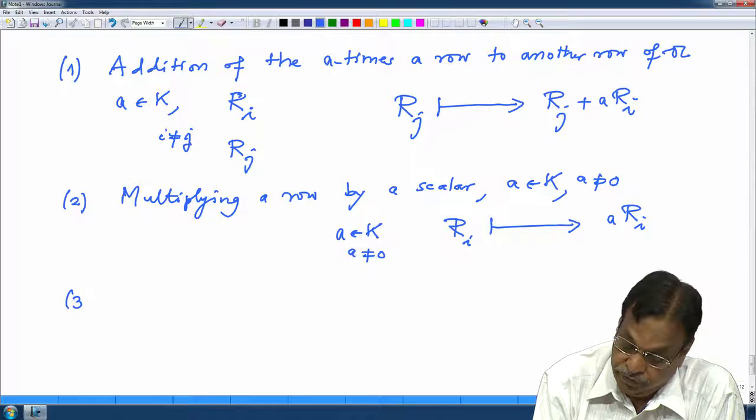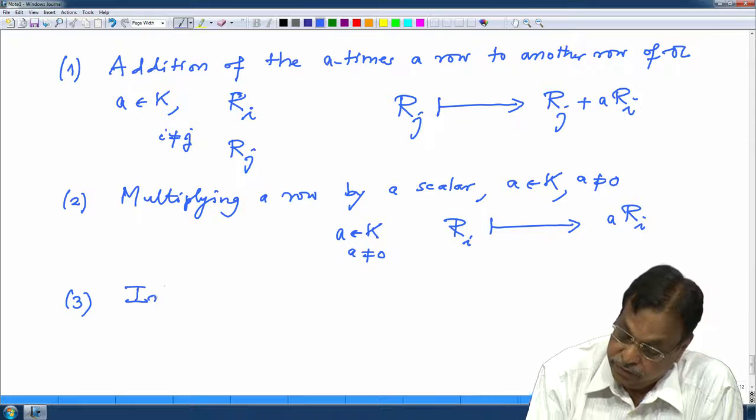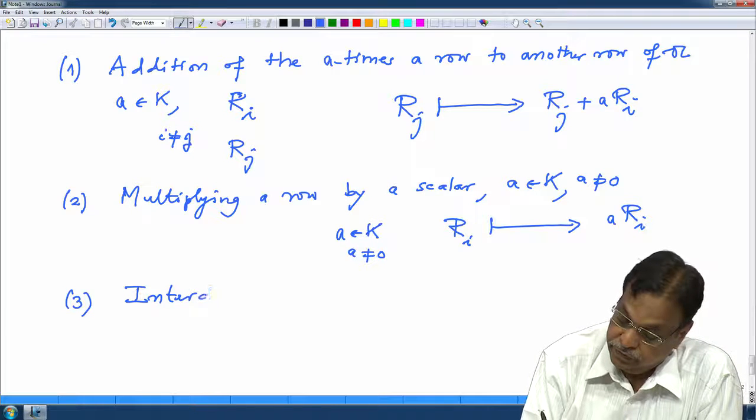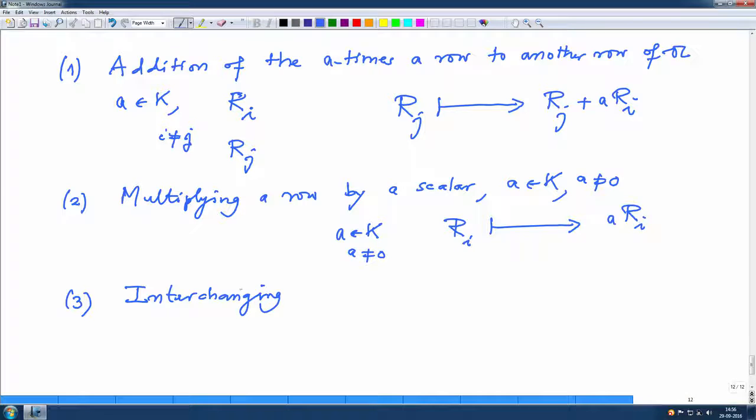Third one, interchanging two rows. That means I have two rows R_i and R_j in the original matrix, and now only the positions are changing.